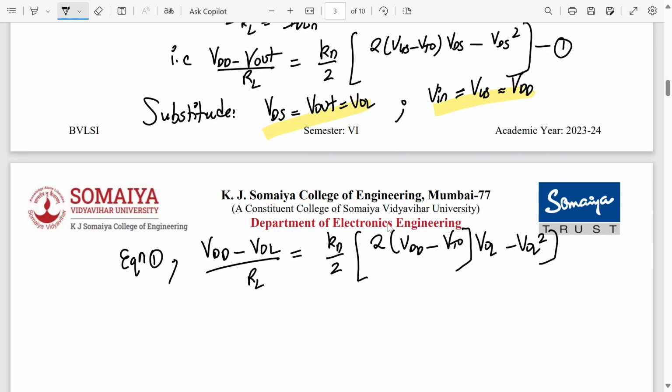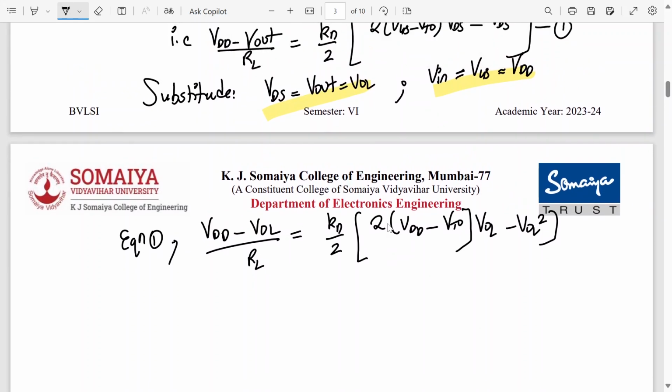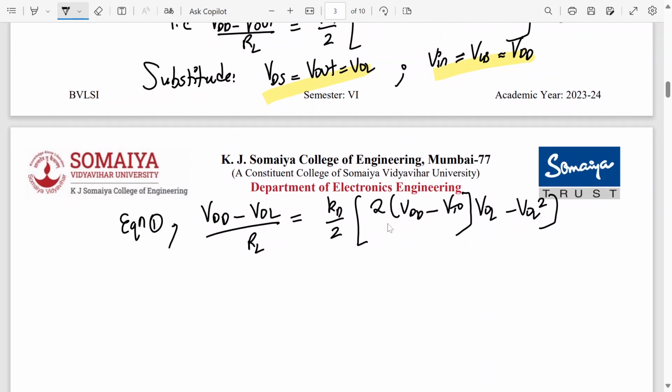Any doubts over here? So we have replaced the terms VDS equal to VOL and V in equal to VGS equal to VDD.